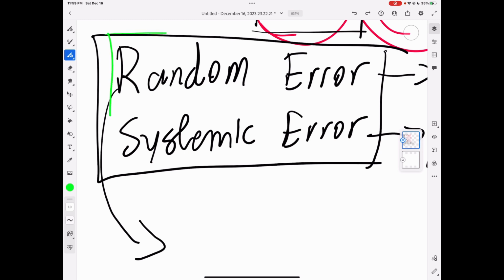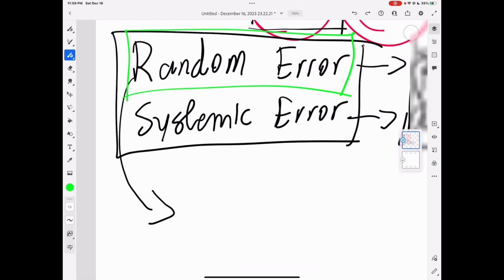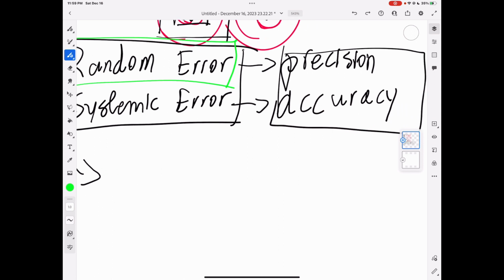So the first term, random error, is basically the same as low precision, but maybe high accuracy. So it's basically the irreproducibility and basically replicating measurements, and this affects the precision of the result, which is why precision is written here.